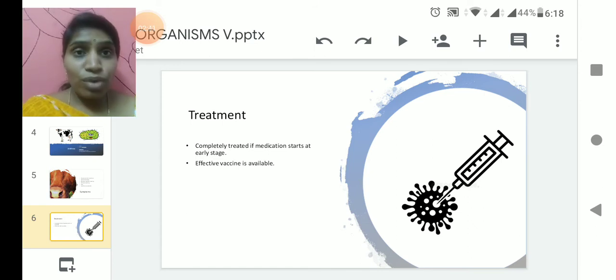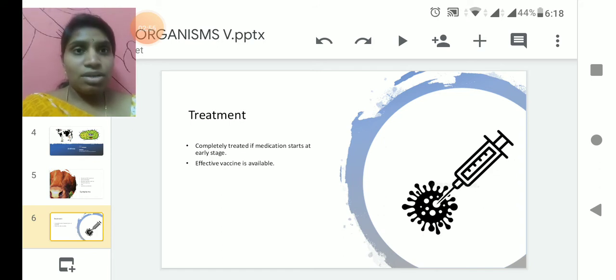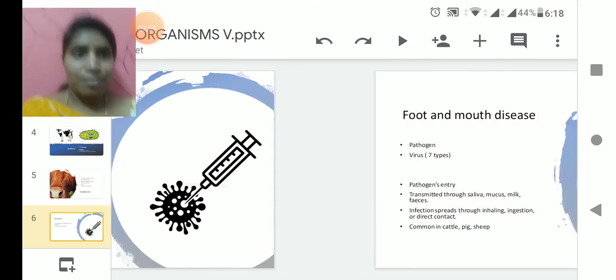So we have to identify the affected animals, and a vaccine is available, children. A vaccine is taken before getting the disease, to prevent that disease. Effective vaccines are available in society, so you can easily use them.